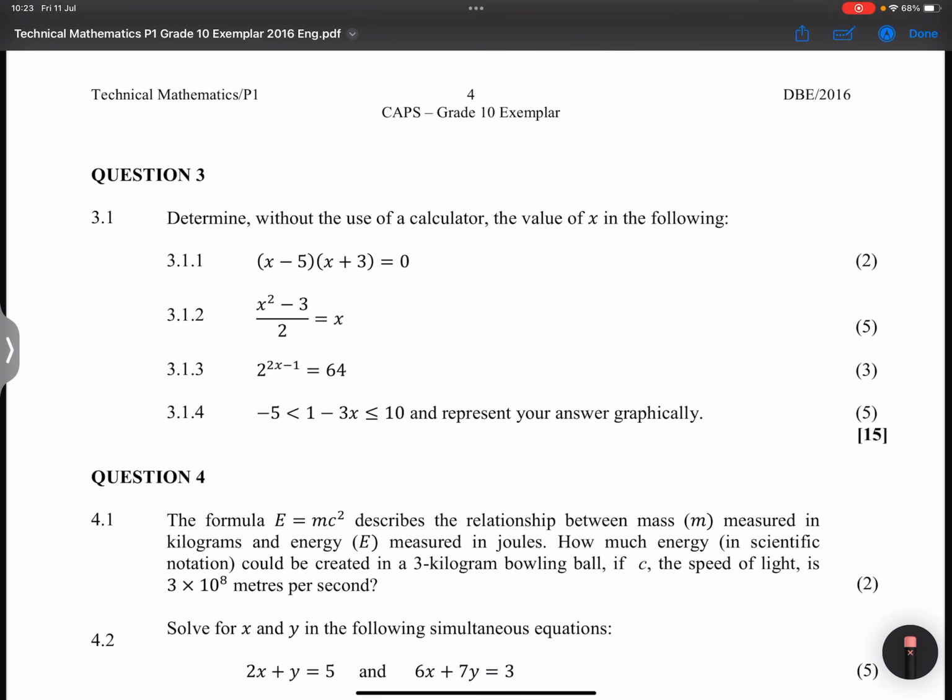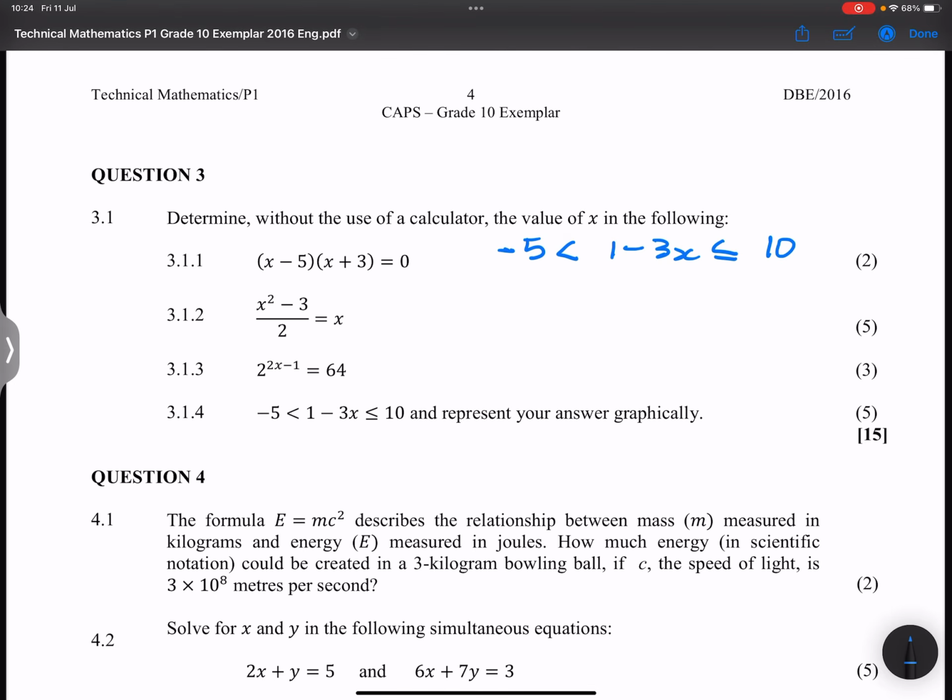So finally we've got, that's negative 5. They said we must represent this graphically as well. So 1 minus 3x is greater than negative 5, but it is less than or equal to 10.